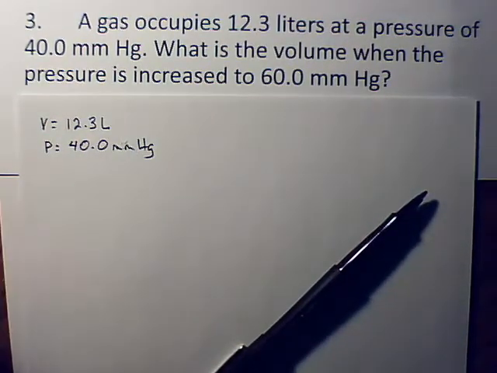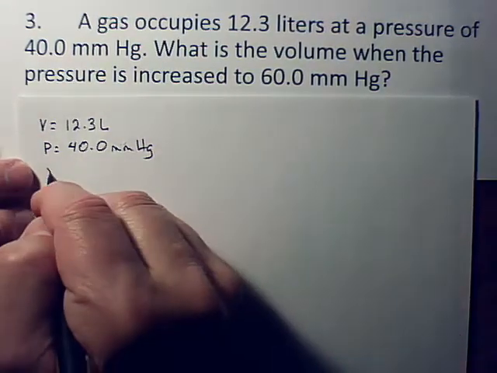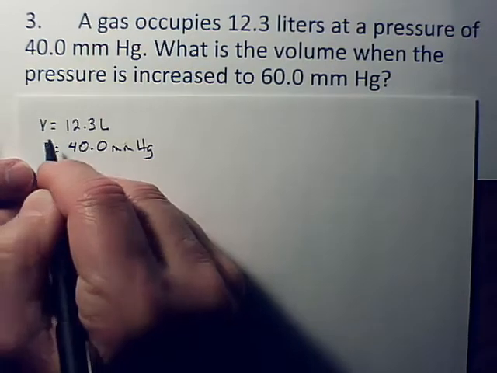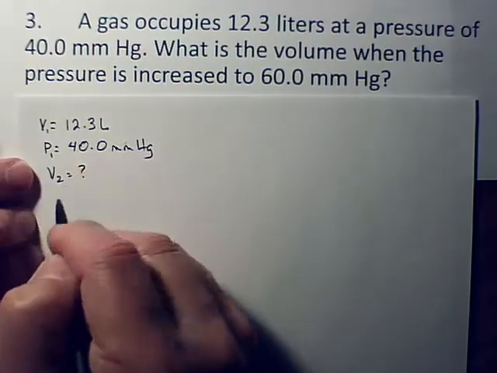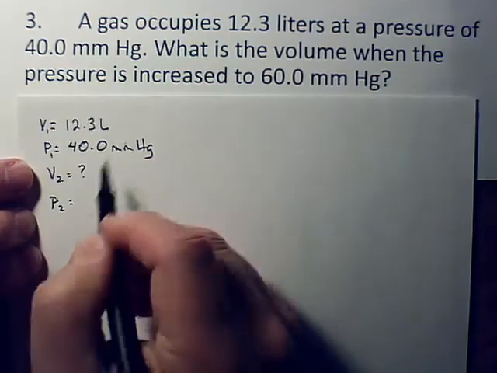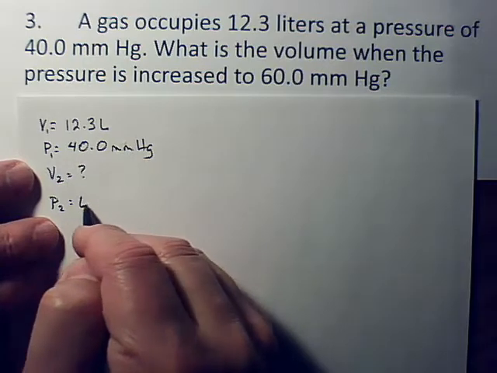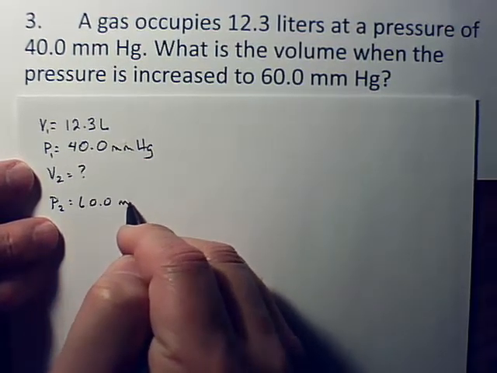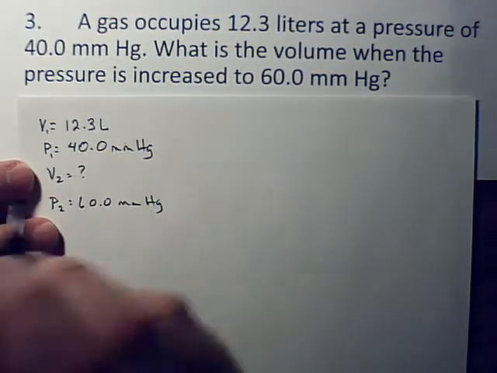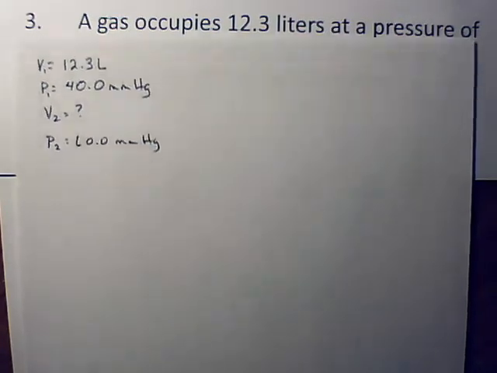So we don't know what this new volume is. We're going to try to find it. So this would be V2 is what we're trying to find. That makes that V1 and P1. And I said we're going to increase the pressure. So this new pressure goes along with this new volume we're trying to find of 60.0 millimeters of mercury. Don't have to convert any temperatures here. Just got to put it in the right equation.